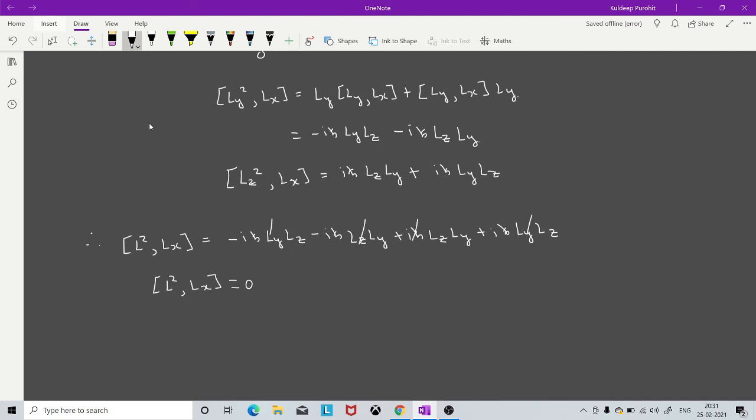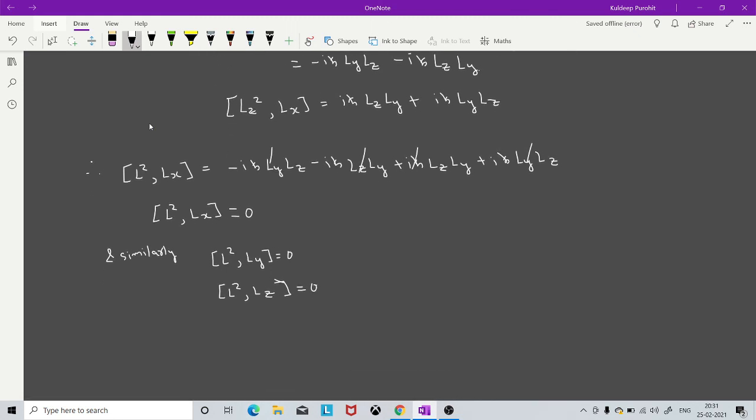Similarly, L square comma Ly will also be equal to 0, and L square comma Lz will also be equal to 0. So what does this mean?